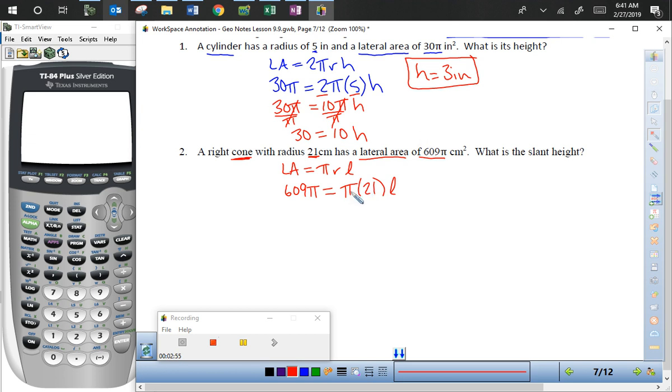Okay, this time we don't have to multiply anything together over here. It's already just the number 21. So let's go ahead and get rid of our pi. So 609 equals 21L. Okay, that's 21 times L, so we just have to now divide that over.